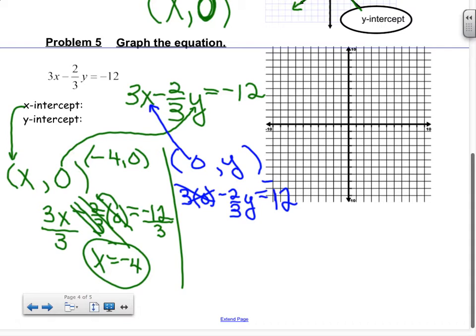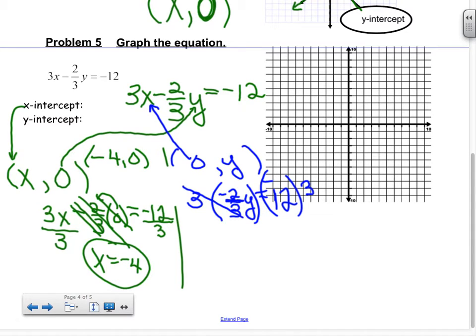You don't like the denominator 3, so multiply by 3 and the 3 goes out.